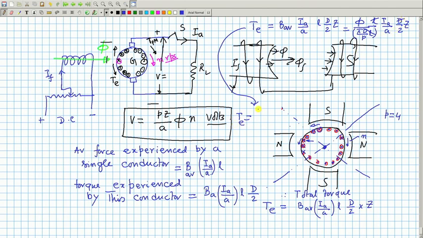So, it will be equal to P Z, the number of poles, P will go up, P Z by A, not only A, 2 pi A into phi into I_a. This is the expression of the torque. We will continue with this in the next lecture. Thank you.